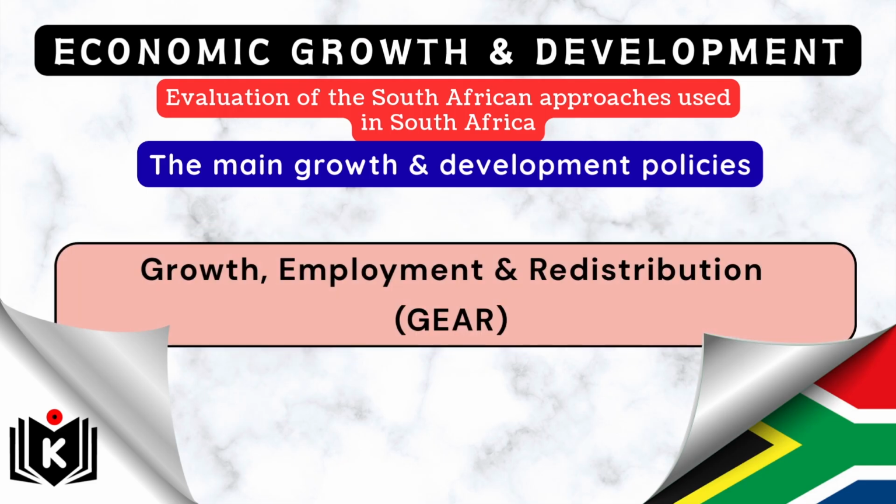South Africa also introduced a policy called the Growth, Employment, and Redistribution, otherwise known as GEAR. This was a strategy aimed at stabilizing the economy, reducing deficits, and boosting redistribution. While the GEAR policy succeeded in bringing financial discipline, lowering inflation, and building foreign reserves, it did however fail to create enough jobs, neither did it narrow the wealth gap.